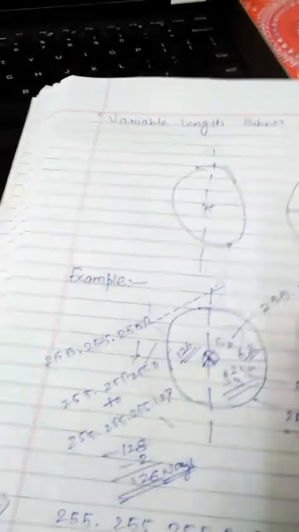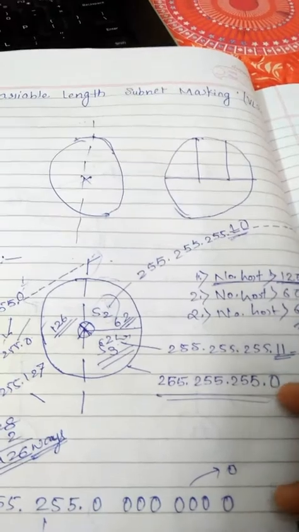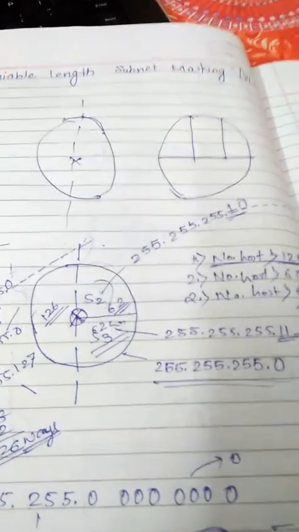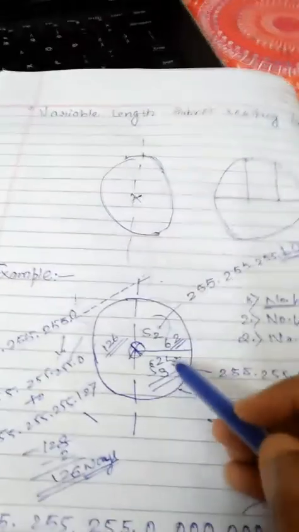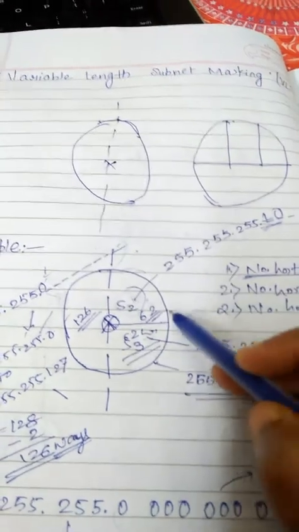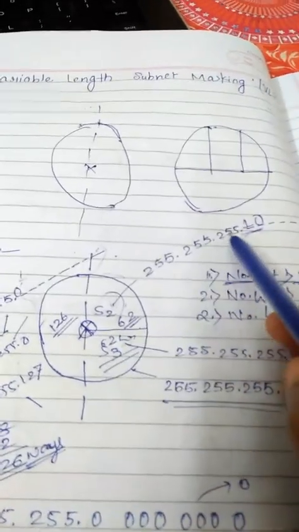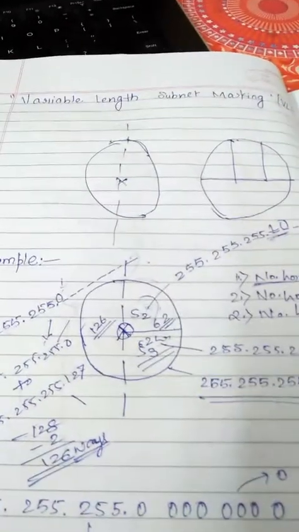Okay, in a similar way it will also change: like 11, then 00, then 6 zeros, then it will be 192. So the subnet mask for these two subnets will be 255.255.255.192. So this is all about variable length subnet masking.